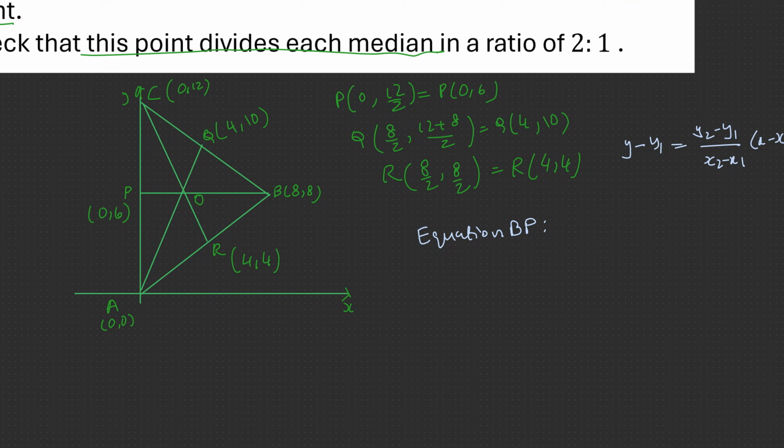Okay, so BP would be y minus 6 is equal to 8 minus 6 over 8 minus 0 times x minus 0. Y minus 6 is 2 over 8 x, so 4y minus x is 6.